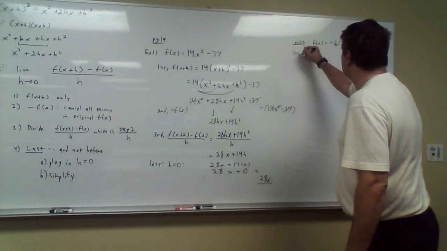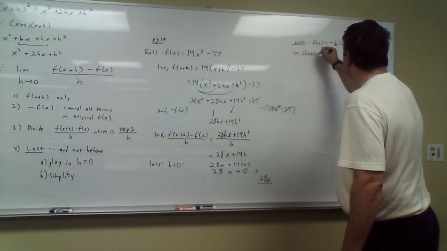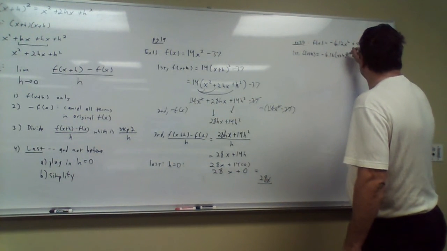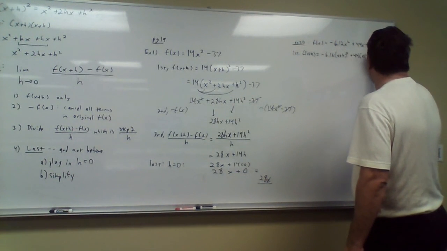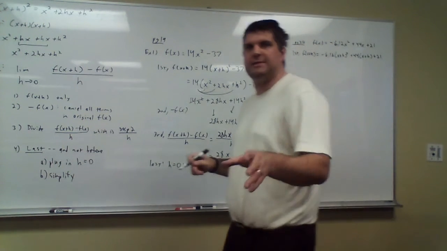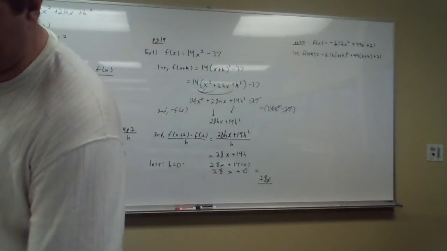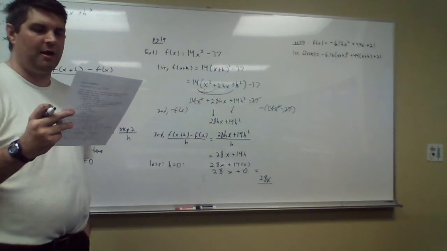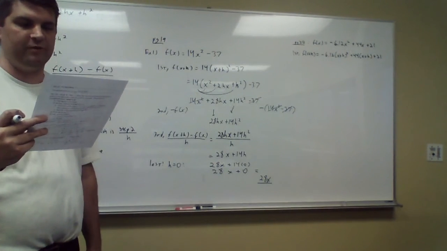First, f of x plus h would equal negative 6.12 times x plus h squared plus 44 times x plus h plus 21. First of all, before we go any further with this, let me tell you where it comes from. The object is on Mars, going 30 miles per hour and 21 feet high.